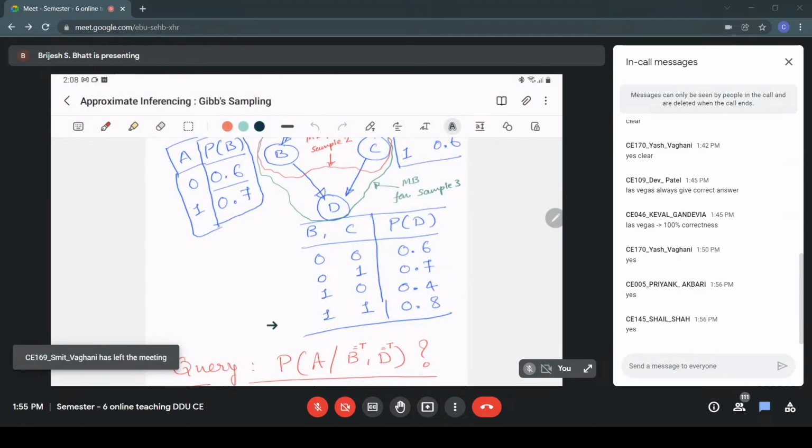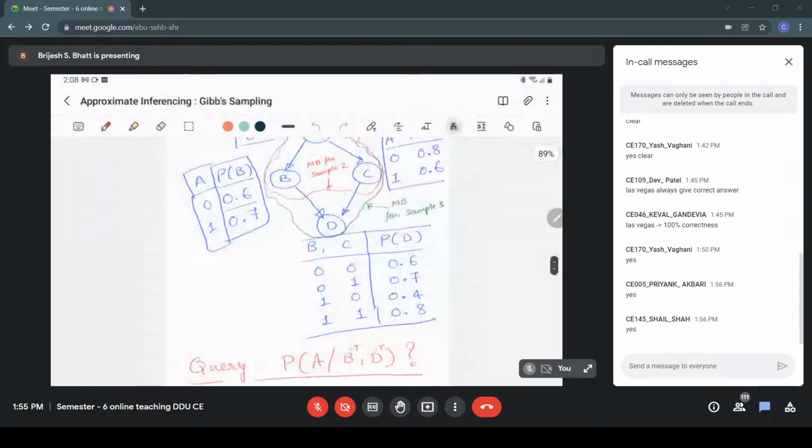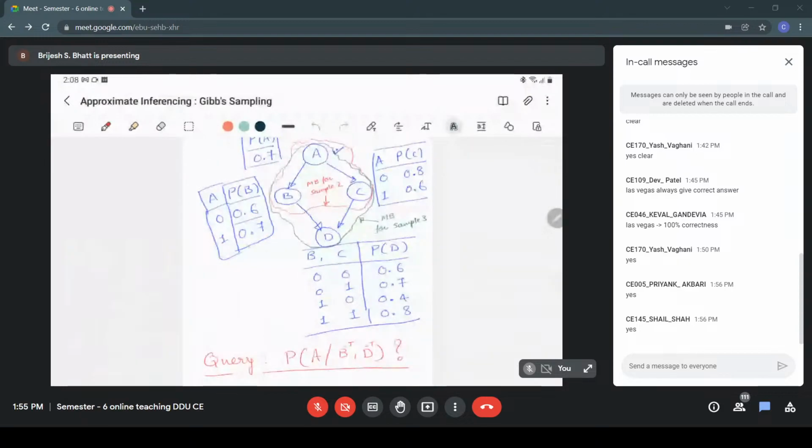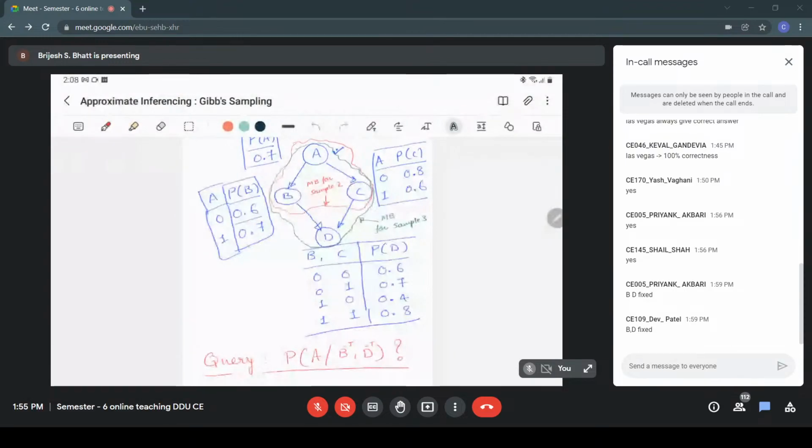So can someone answer me which variables will we sample and which variables will we keep fixed? If query is probability of A given B is equal to true and D is equal to true, then as Priyank and Dev, and I believe many of you are thinking, B and D are fixed because they are our evidence variables.